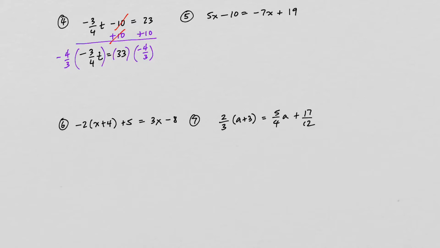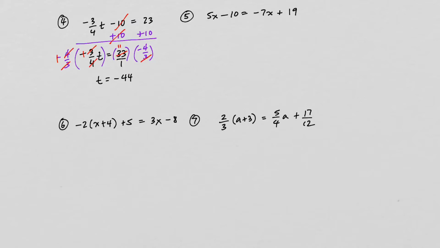What this does is cancel 3 and 3, 4 and 4, and the two negatives become a positive, and all we have left there is a t. And then on the other side, it's useful to go ahead and express 33 as 33 over 1, and then we can cancel in the same way. 3 goes into 33 11 times, and 11 times negative 4 is negative 44.